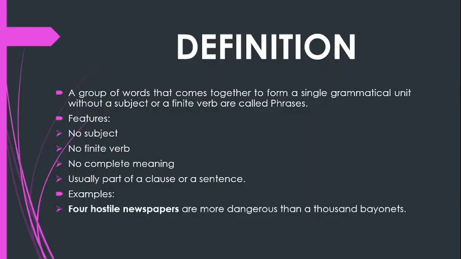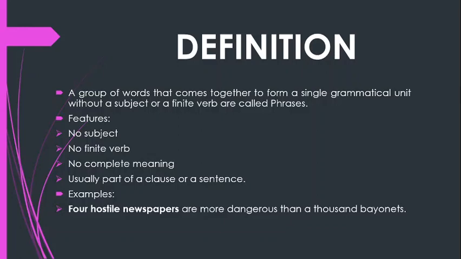Four hostile newspapers are more dangerous than 1,000 bayonets. Now you see, what is more dangerous than 1,000 bayonets? The answer could have been newspapers. Newspapers are more dangerous than 1,000 bayonets, and the meaning would have been completed.